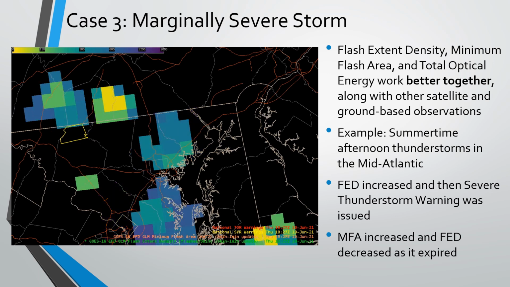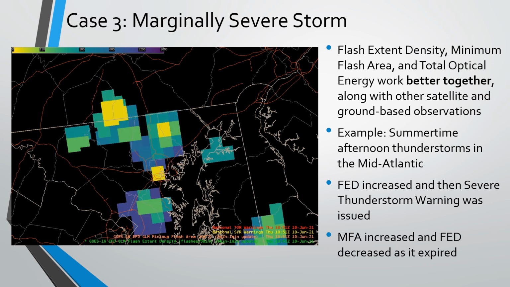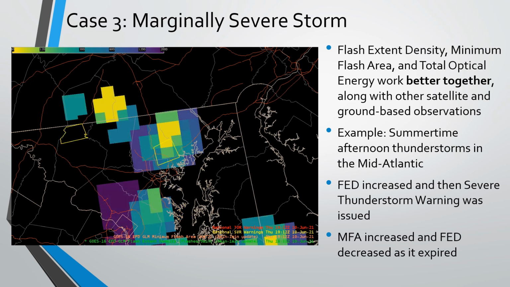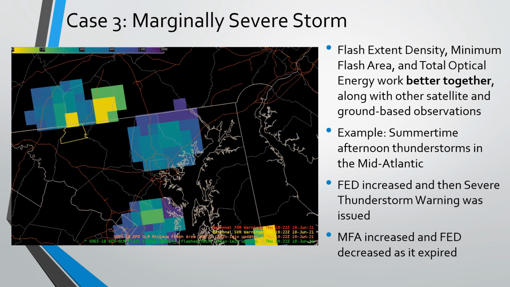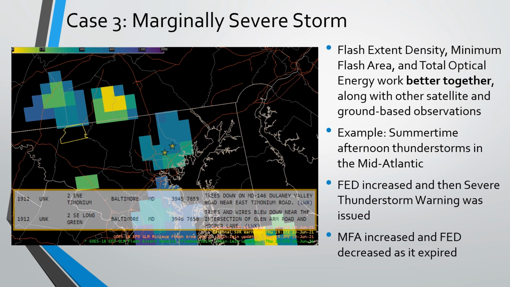But as those minimum flash area values increase, representing a potential weakening of the thunderstorm itself, we can see that the severe thunderstorm warning was then allowed to expire. And that coordinates well with the GLM showing a decreased potential for severe weather as those minimum flash area values increase.